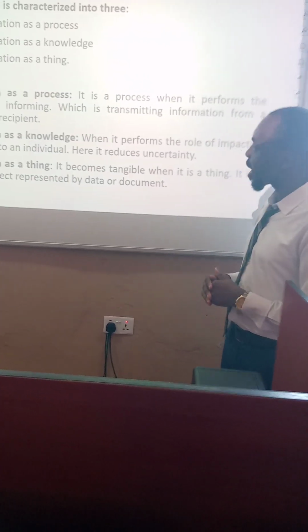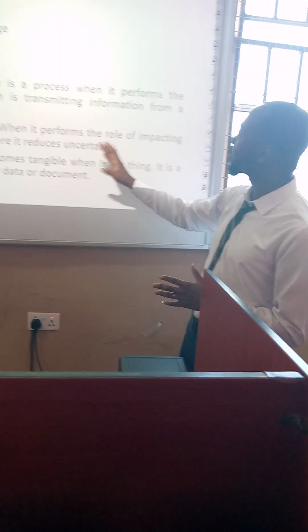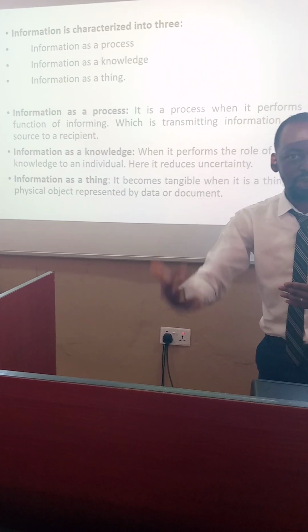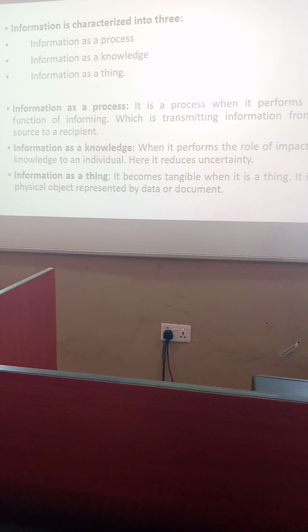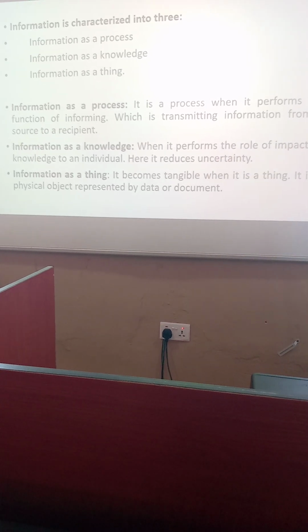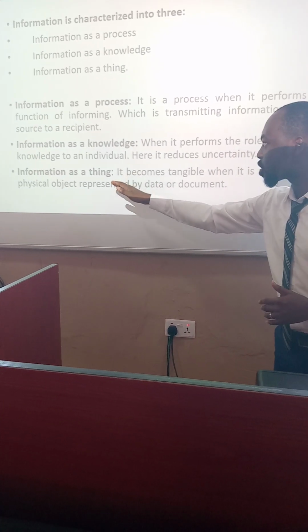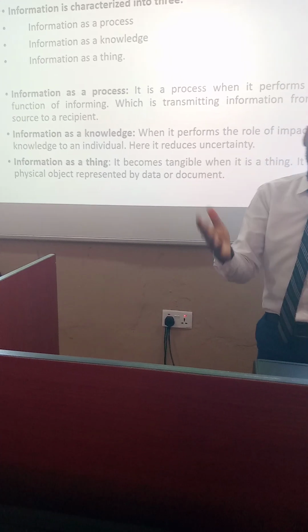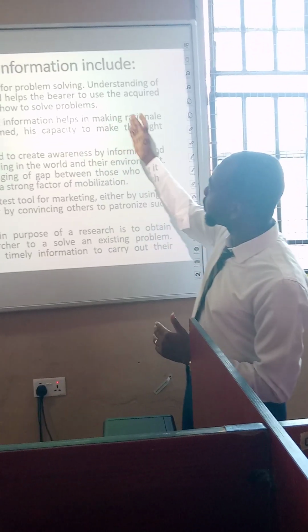Information can also serve as knowledge when it performs the role of imparting knowledge, when you try to help somebody understand a concept and reduce uncertainty. Lastly, information as a thing becomes tangible, like when you have information in books, journals, and things like that.